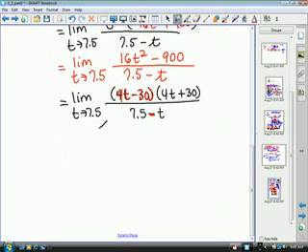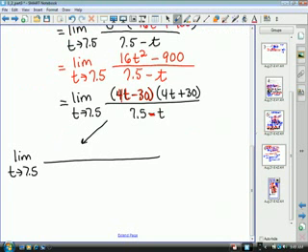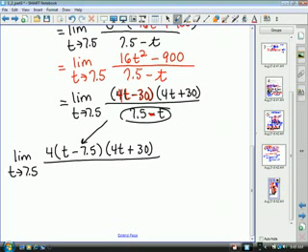Okay, so this is one approach. There is another way of doing this, so we'll do it Lakeithia's way and then we'll see if we can figure out another way of doing it. So she said factor a 4 out of that term. Okay, 4 times what is 4t? T. And then 4 times what is 30? 7.5. However, this is not exactly the same as this one, is it? So what do I need to do to that bottom term to fix it? Factor out a negative 1. And that changes the signs of everything.